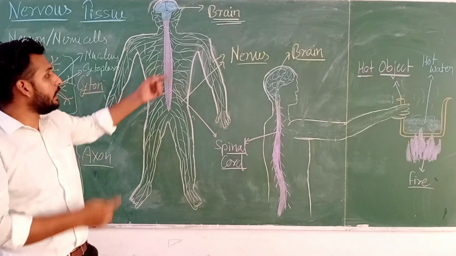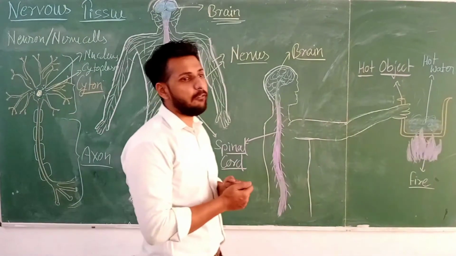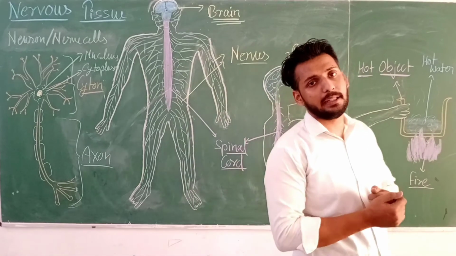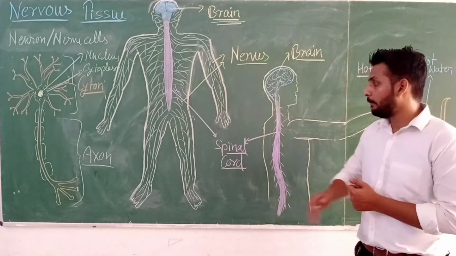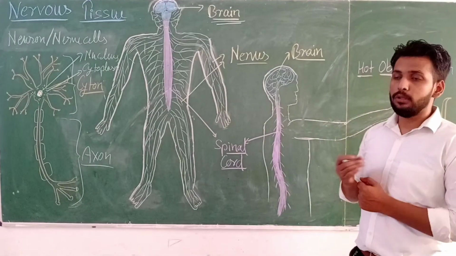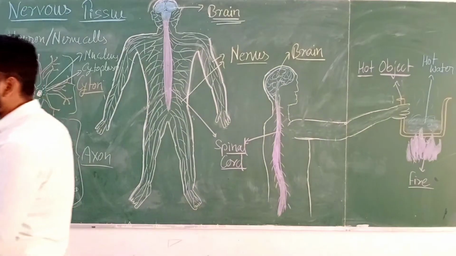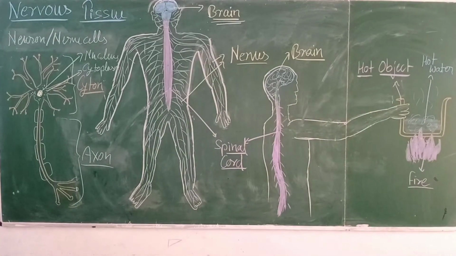Next is the spinal cord. The spinal cord is the only way by which the brain is connected to the whole body. The brain decides what to do or what not to do, but the spinal cord helps in connecting the body with the brain. It regulates and decides the necessary action to be carried out.